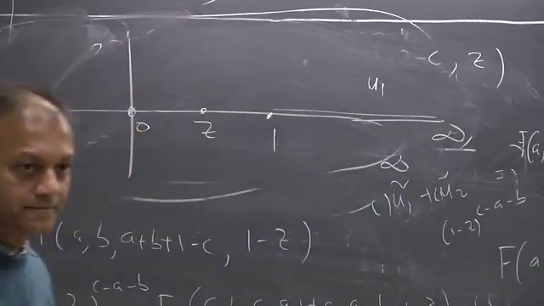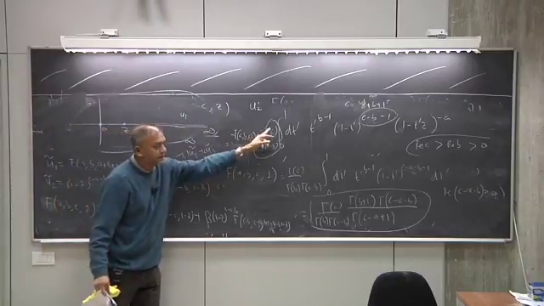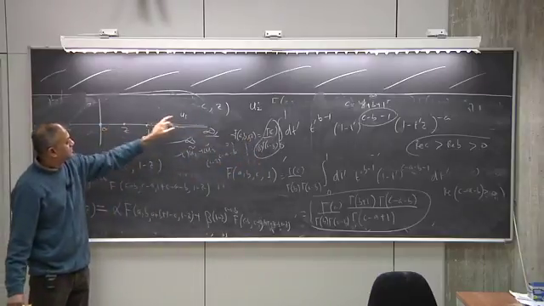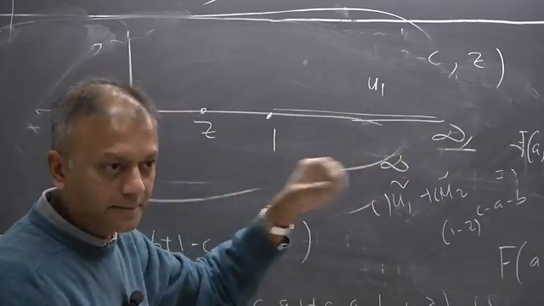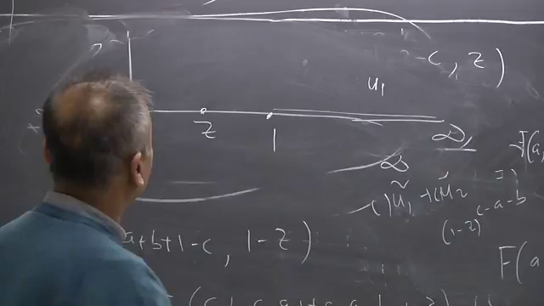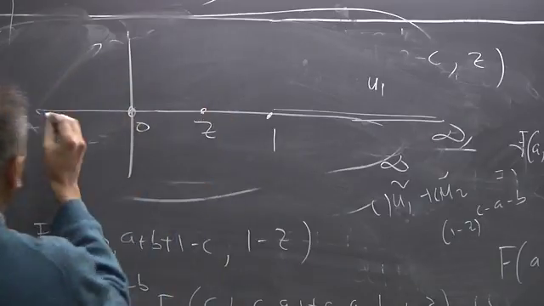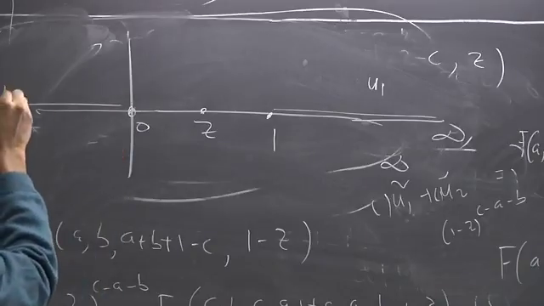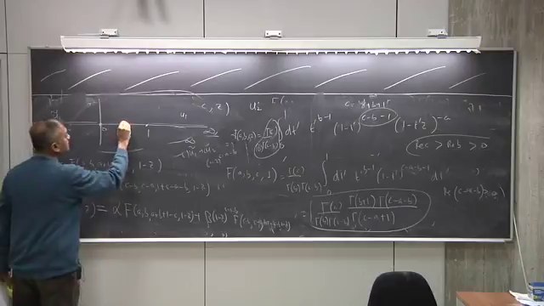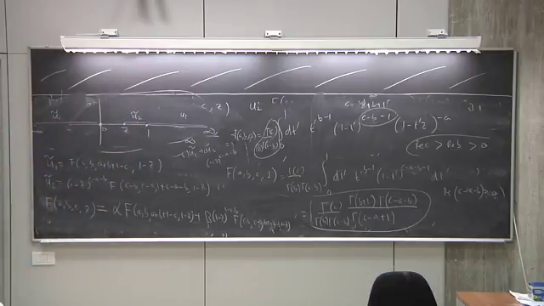There are some gamma functions in this proportionality, but it's some number times u1. On the other hand, this integral gives you u1 tilde, and this integral gives you u2 tilde. This is something you should check. I leave that as an exercise.